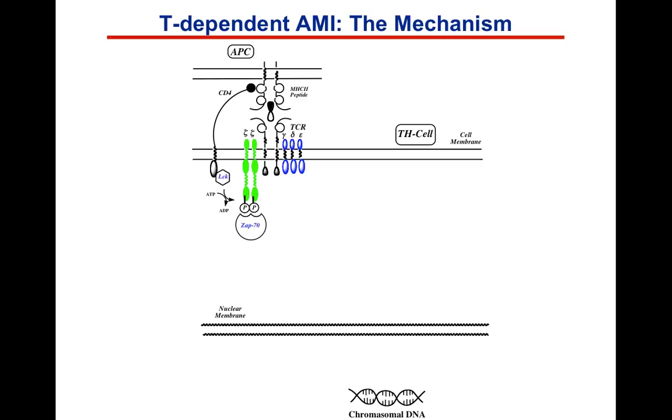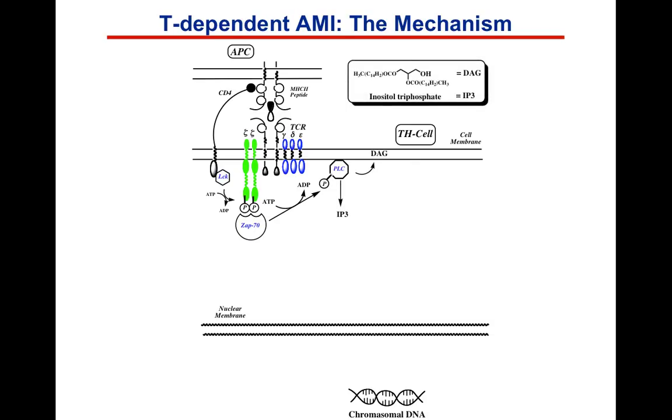This recruits ZAP70 to the zeta chain, and ZAP70 is also a kinase, and what it does is it phosphorylates phospholipase C, PLC. So there have been two phosphorylations here, and when phospholipase C gets phosphorylated, it does a reaction in which it takes inositol phospholipid and splits it into two.